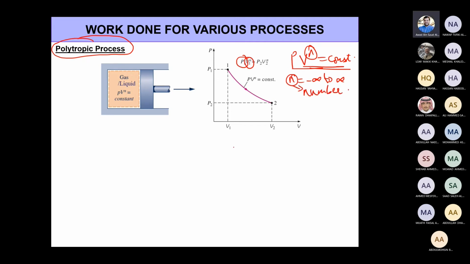Now, if you're asking how did we actually get n, then the answer to that question is very simple. Let's say you were studying this gas within the piston cylinder system. Initially the gas was at some pressure P1 and V1, at state 1.